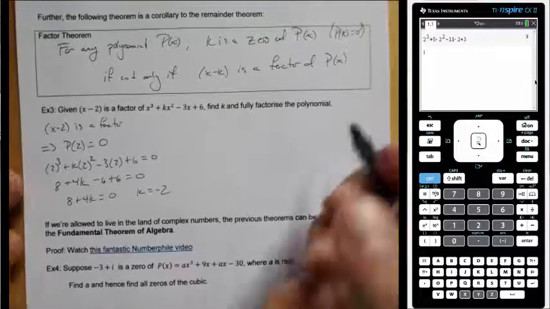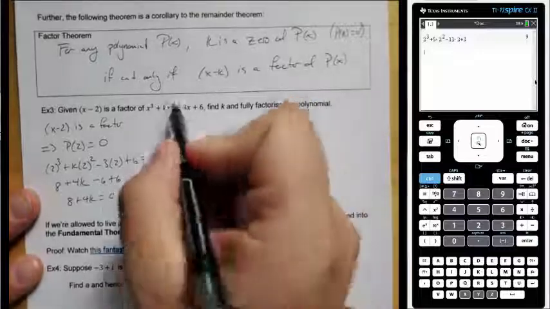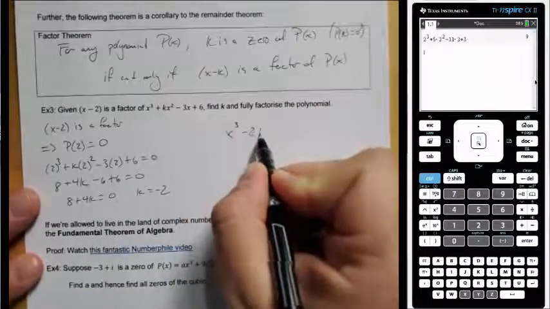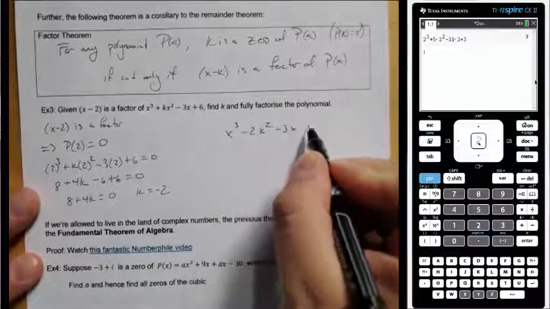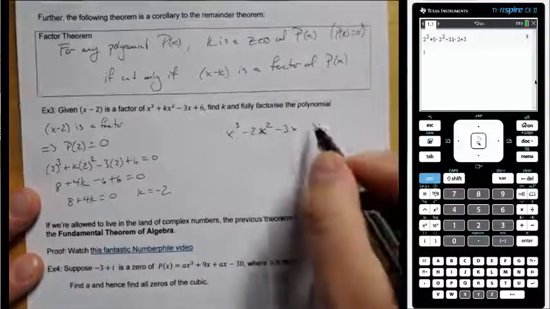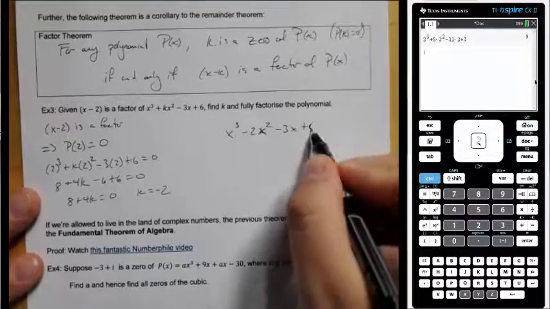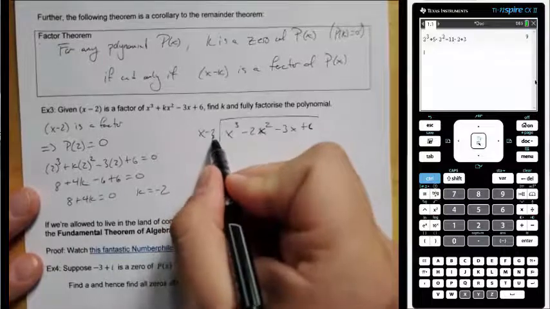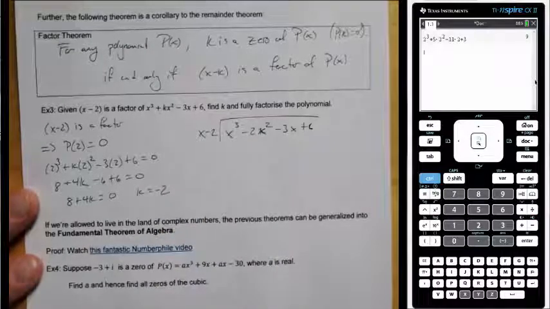So let's do this. I'm going to replace k with negative 2: x cubed minus 2x squared minus 3x plus 6. And I'm going to use division to divide out x minus 2. Again, you could use synthetic division if you want.